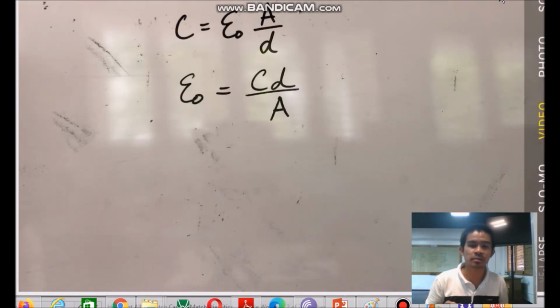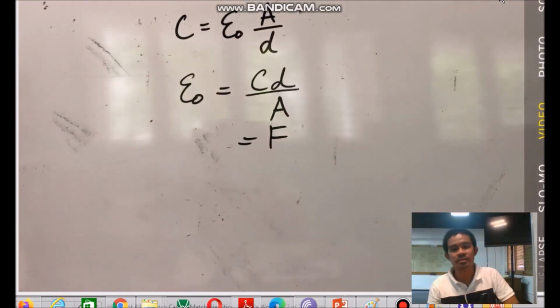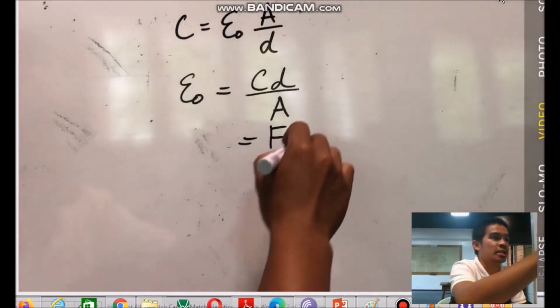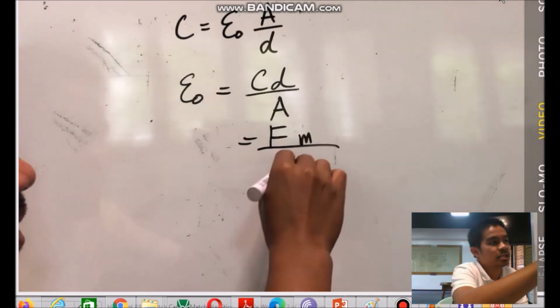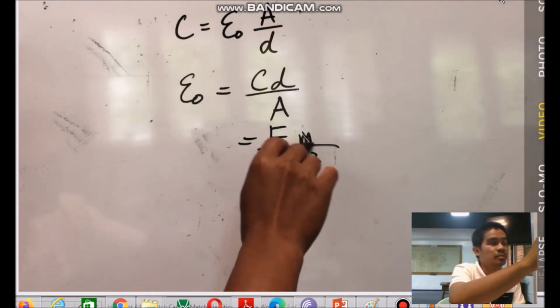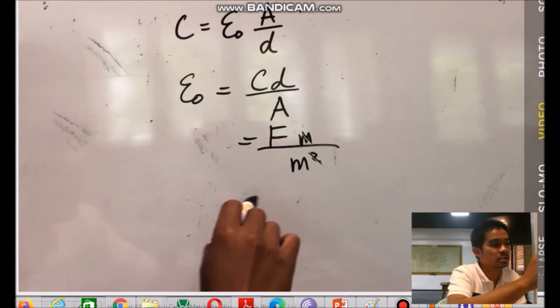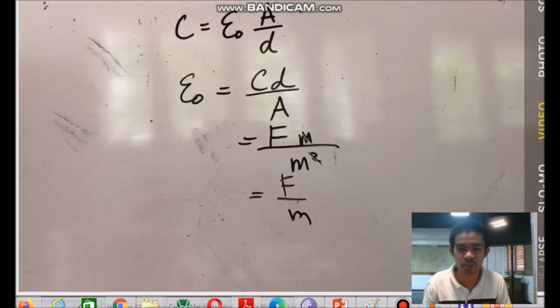The standard unit of capacitance is the farad, F. The standard unit of distance is meter, over the standard unit of area, meter squared. So we can cancel a meter, and we have farad per meter. So we have another unit of permittivity of free space, farad per meter.